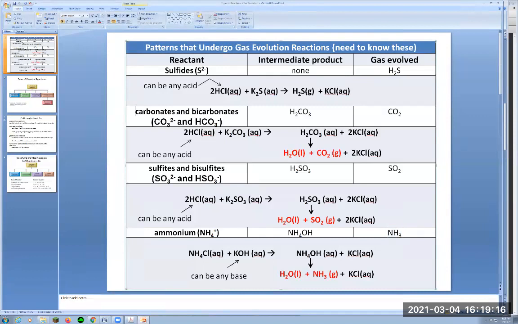When you have the carbonates or bicarbonates, and here we had an example of a bicarbonate, mixing with an acid. So mixing with any kind of acid. Together, they will form the carbonic acid, H2CO3, which is unstable and which will give the H2O plus the CO2 gas. So that's an example of that.